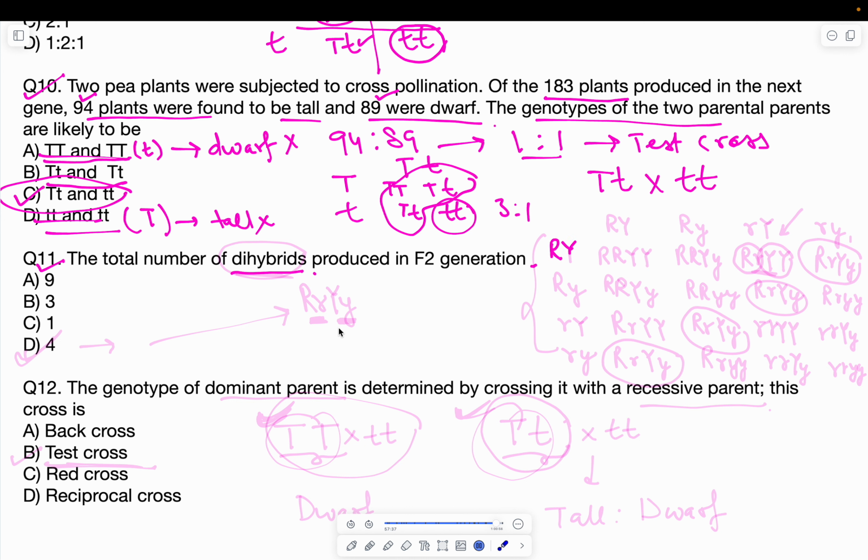So it was this, and this. Again, this, and this. Now, fuse these two gametes and write all possible genotypes here.